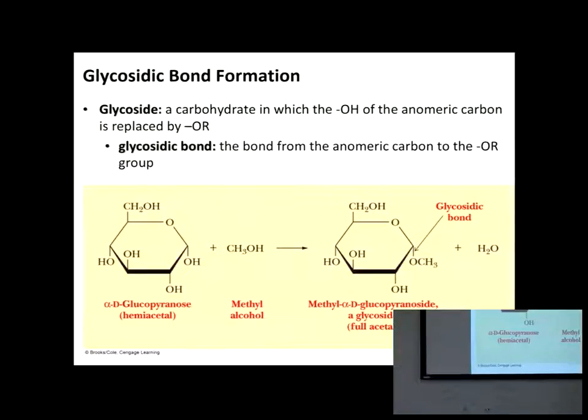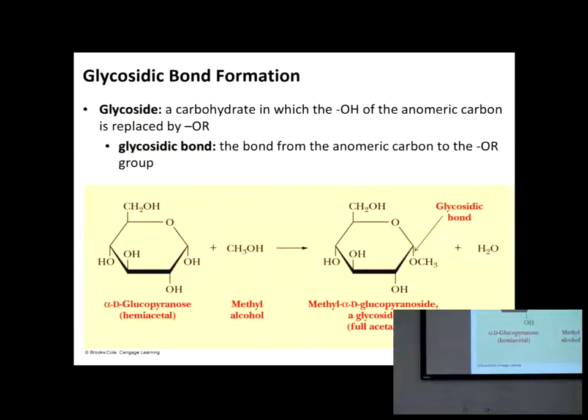Because this one is going to attack here and make, okay, I'm not going to draw the rest of them, but this is going to be then the carbon number 1. So I need you guys to understand that the anomeric carbon does not have to be carbon number 1. It's going to be whatever carbon was the carbonyl.